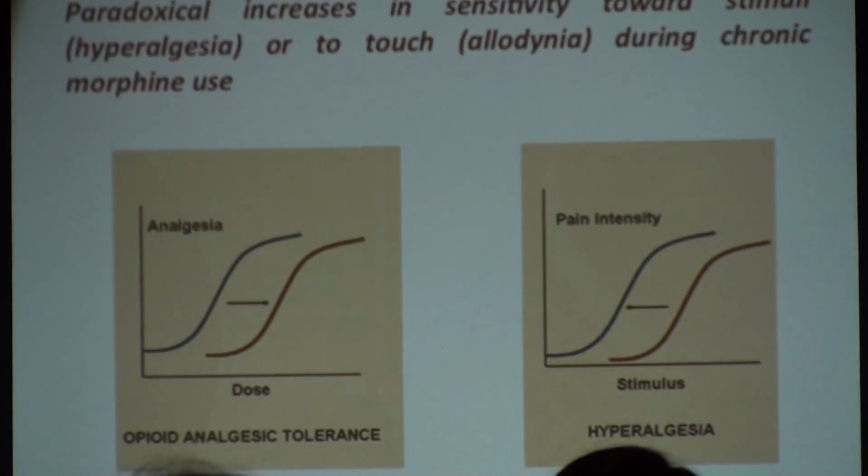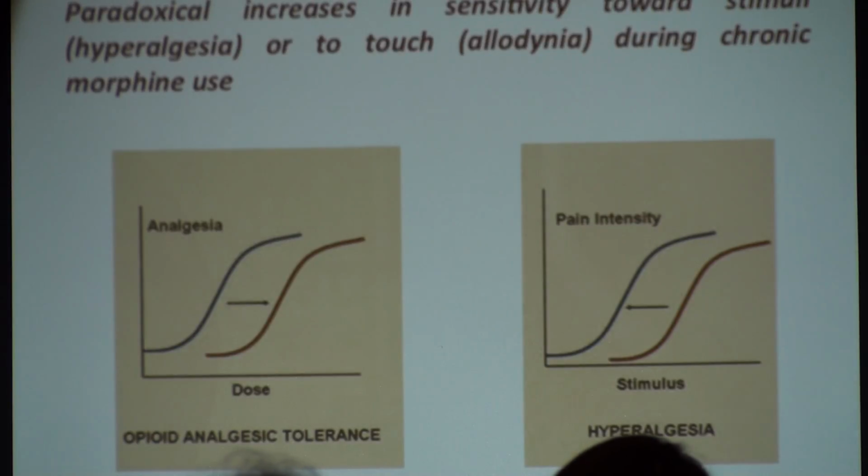And then another thing is that when we give the drug for a long time, it loses its effect, tolerance, okay? But that's kind of expected. But this is the thing a lot of work has been trying to figure out: sometimes when we give the drug for a long time, the patient is more sensitive to pain.